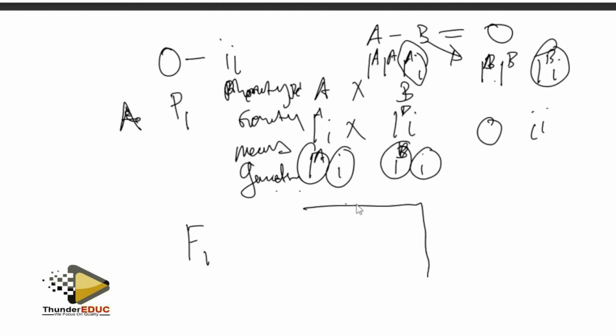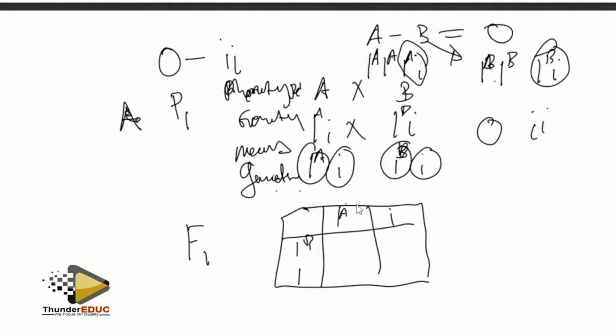For example, let me use the Punnett square because I've been using the cross. So you draw your Punnett square here, and then you say, okay, you have A, you have I here. You have B, you have I here, small i. And then now you cross, you're going to say this is AB. Ne? This is going to be B. And then this is going to be A. And then this is going to be O.